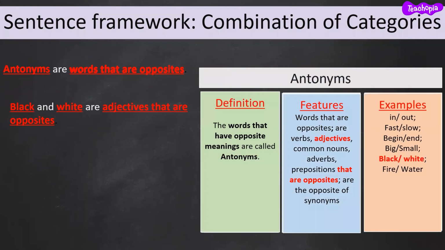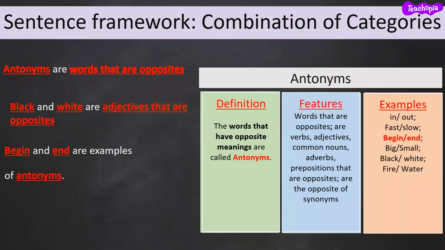Now, similarly, black and white are adjectives that are opposites. Here we have combined the examples category and the features category to make a sentence. Then we can also say beginning and end are examples of antonyms. These are words from the examples category.